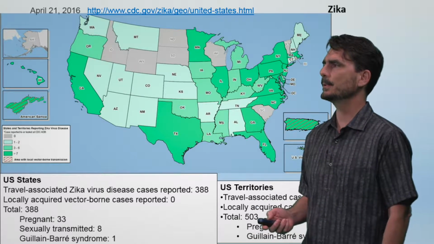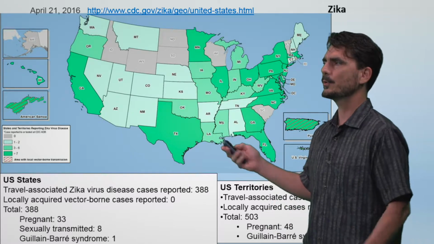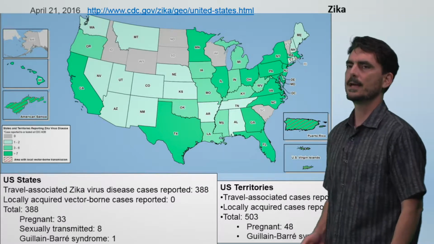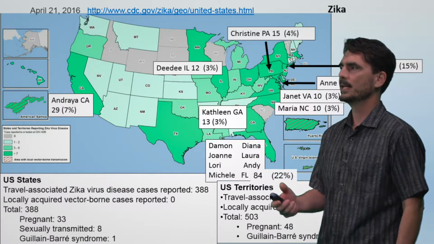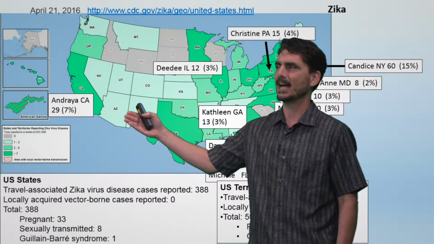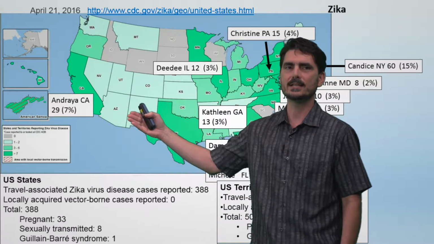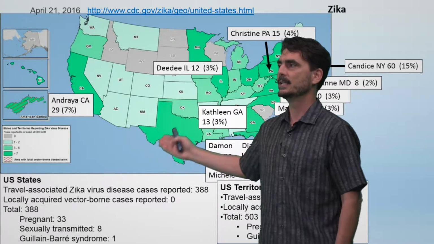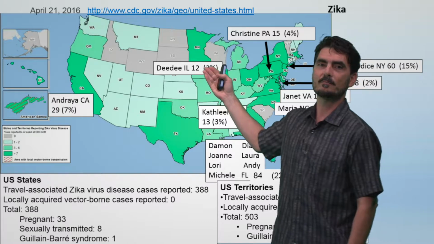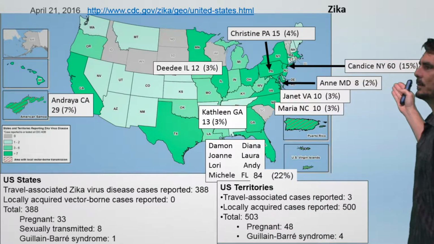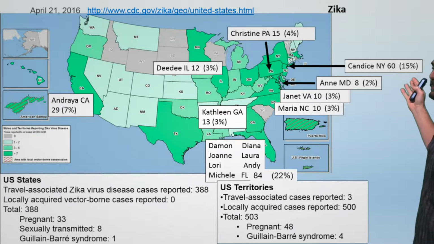So if we put this in a little context, the dark green, for example, Texas, Georgia, Florida, they are the ones with the higher number. And that is where all of us live, right? So Andrea's over here in California, where there were 29 cases, which is 7% of the total United States. Dee Dee's up in Illinois, where there have been 12 cases. Christine's in Pennsylvania, 15 cases. We've got Candace in New York, with 60 cases.